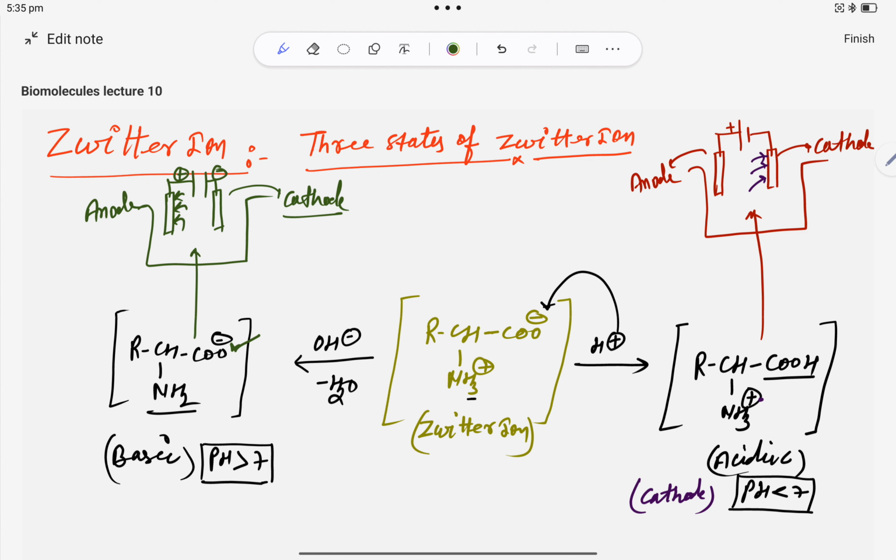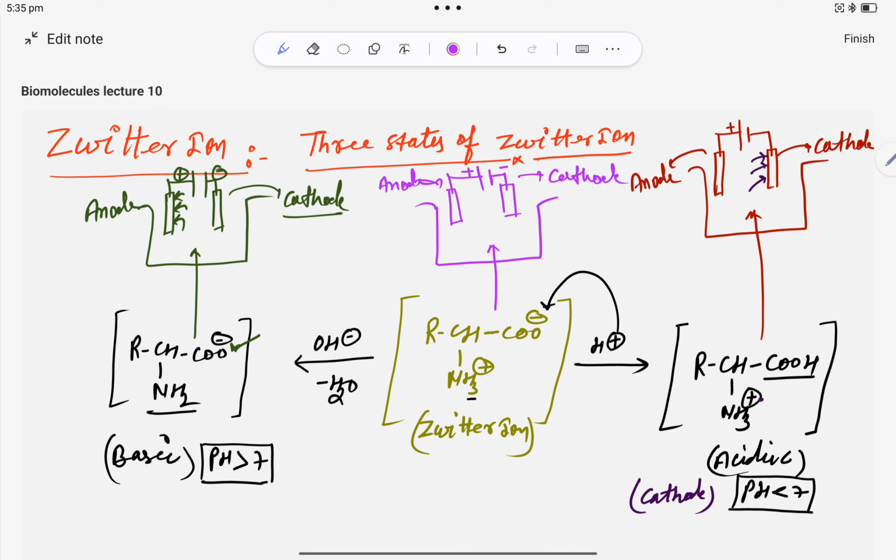Same work for this zwitterion. If you are putting this solution in the container and applying cathode and anode, then what happened? Positive, negative, this is your cathode and this is your anode. So what happens, children? Where will it be liberated? It will not be liberated anywhere.